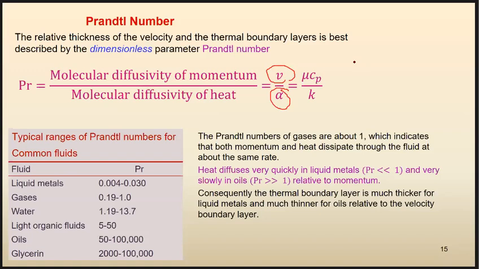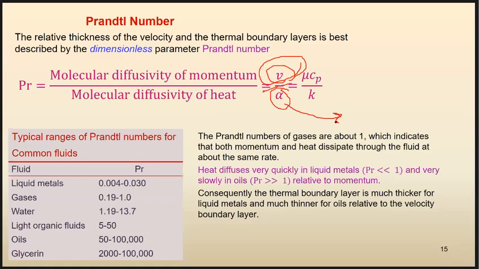It tells us the ratio of the diffusion, or the speed of the spread, of momentum effect versus the spread of thermal effect.